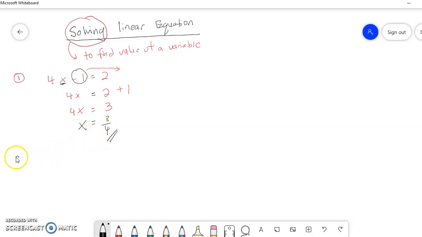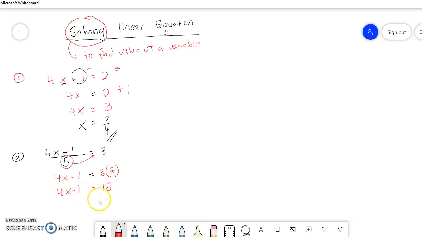Now, question number 2. 4x minus 1 over 5 equals 3. The same method: the 5, we move there, it becomes multiply. Then you just write 4x minus 1 over here, and here is 15.